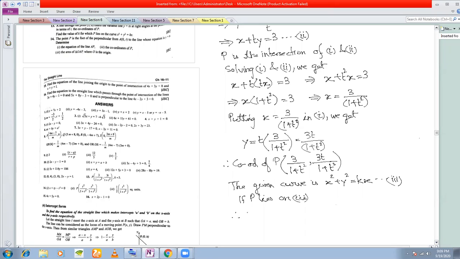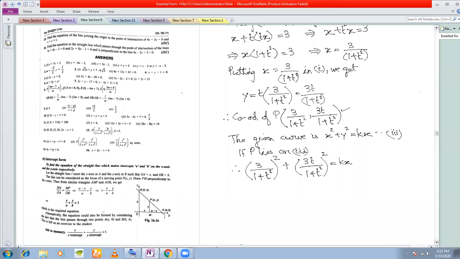therefore x square, what is the coordinates of P? This x coordinate, put x coordinate in place of x square, 3 by 1 plus t square whole square, and the y coordinate in place of y square, whole square, is equal to kx.